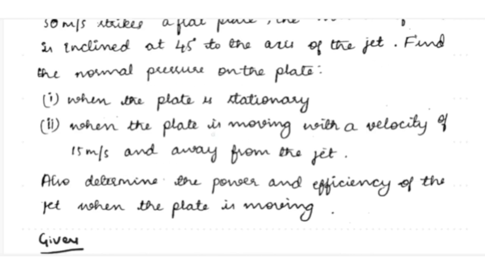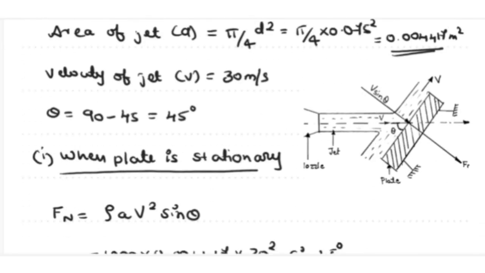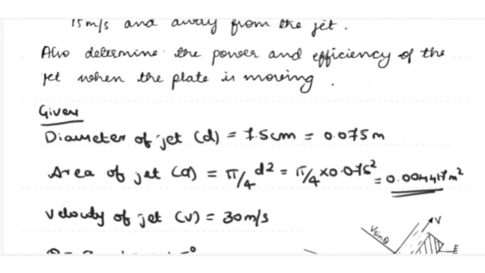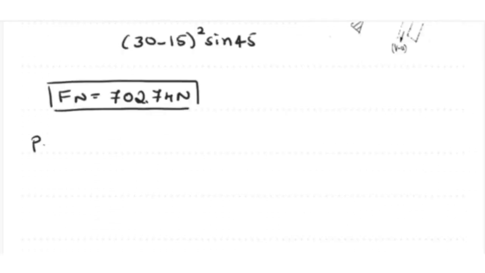Now we also have to determine the power and efficiency of the jet when the plate is moving. So we should calculate the power and the efficiency. Power is Fx into U divided by 1000.